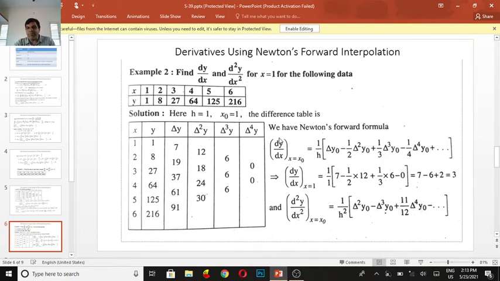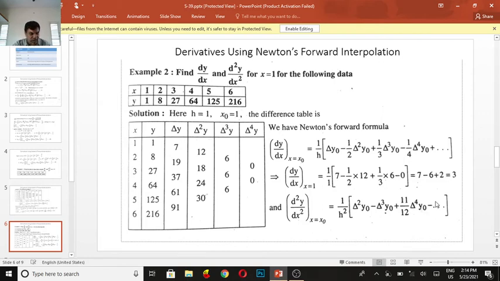Take Newton's formula: dy by dx at x equal to x naught is 1 by h delta y naught minus 1 by 2 del square y naught plus 1 by 3 del cube y naught minus 1 by 4 del raised to 4 y naught, etc. So dy by dx at x equal to 1, where h is 1: 1 by 1 times delta y naught, which is 7, minus 1 by 2 del square y naught, which is 12, plus 1 by 3 del cube y naught, which is 6.